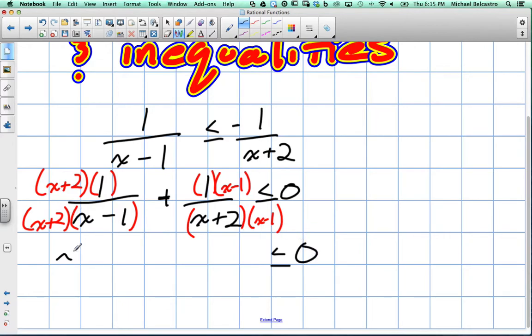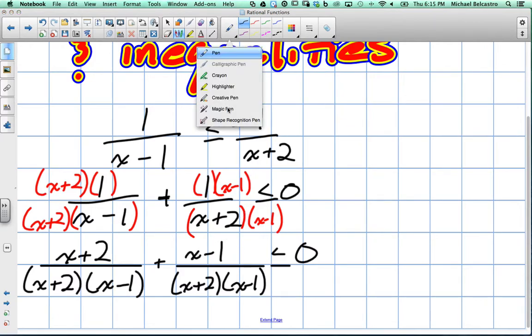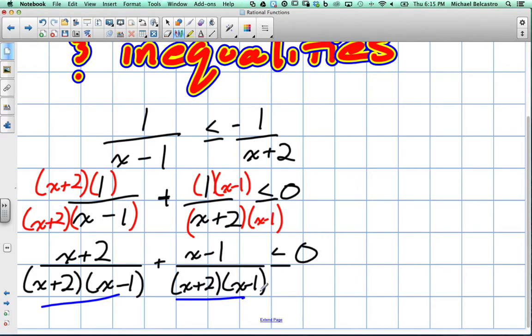And on top, we're going to have x plus 2 divided by x plus 2 times x minus 1 plus x minus 1 divided by x plus 2, x minus 1. Okay, what's good about this is now we can add the two rational functions together.